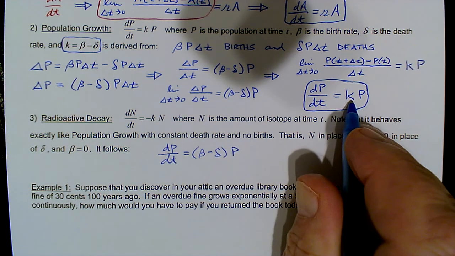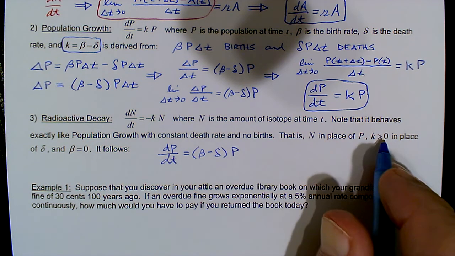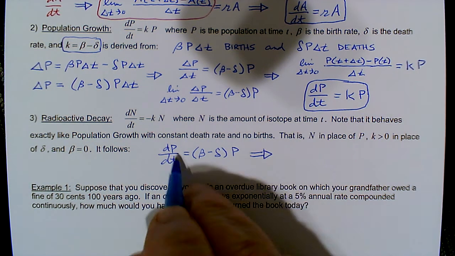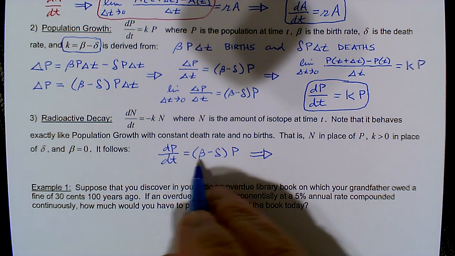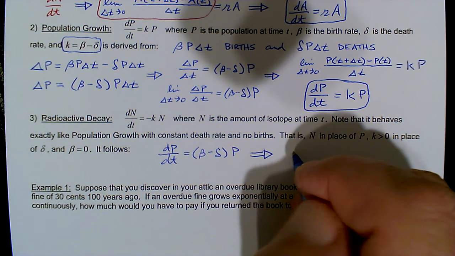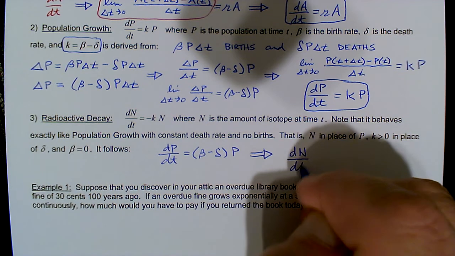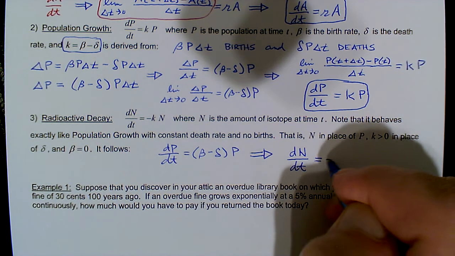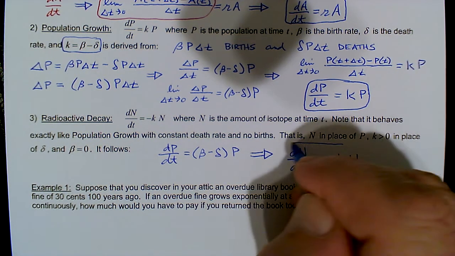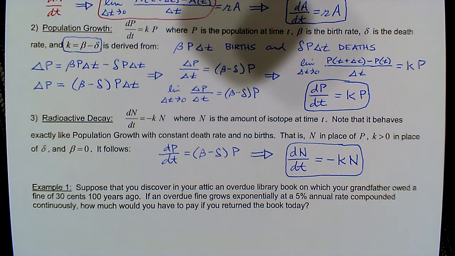Okay, we'll replace that k for now by the beta minus delta, but now impose all these conditions where we take n in place of p, beta is 0, and delta is going to be our k. So therefore we'd have that the time rate of change of the amount is equal to negative k times the amount. And there's our formula for that.